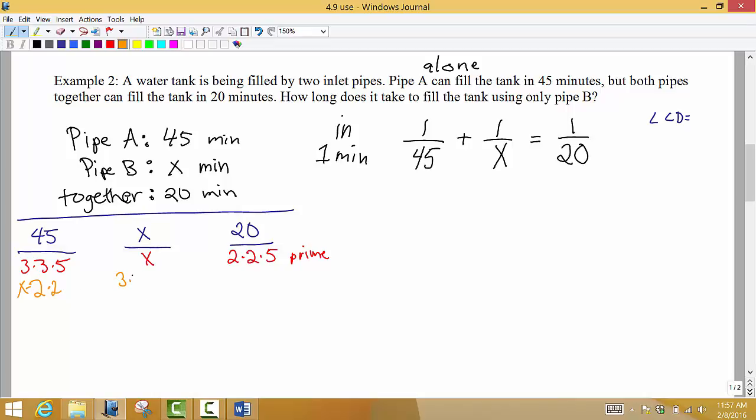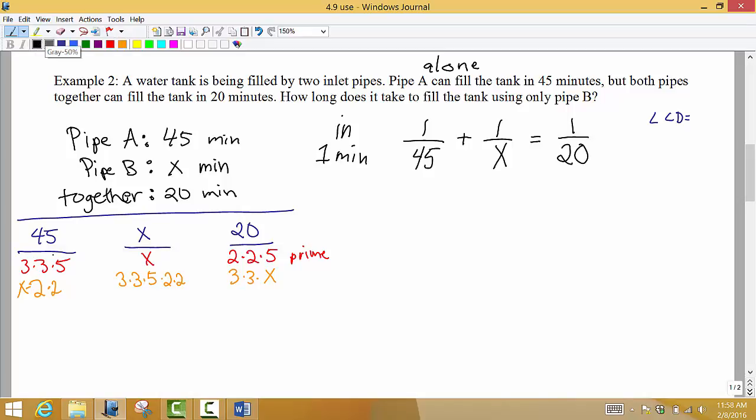So it's missing a 3, and a 5, and it's missing a 2 and a 2. Okay, so notice that it has everything that the 45 has now. The 20 is missing a 3 and a 3. It already has a 5, so it doesn't need the 5 that the other two have, and it's missing an X. It doesn't have the X that its neighbor has.